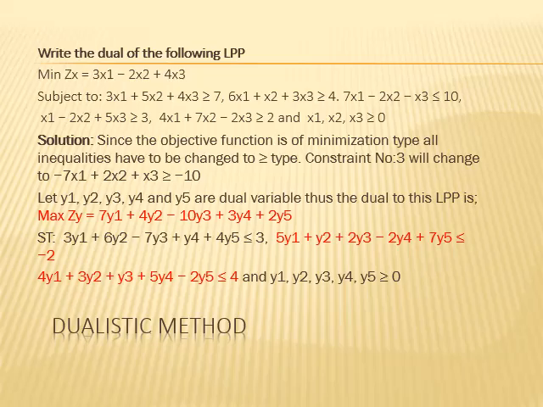Let's see. Since the objective function is of minimization type, all inequalities have to be changed to type more or equal. Constraint number 3 will be changed to negative 7x1 plus 2x2 plus x3 more or equal negative 10.